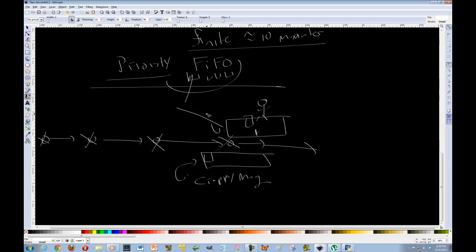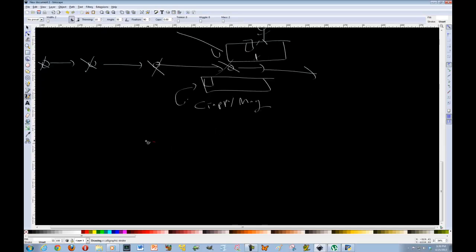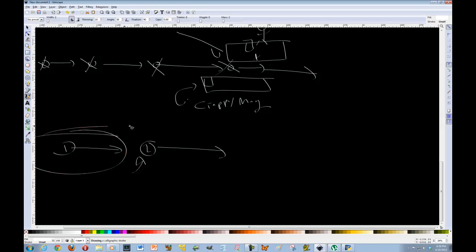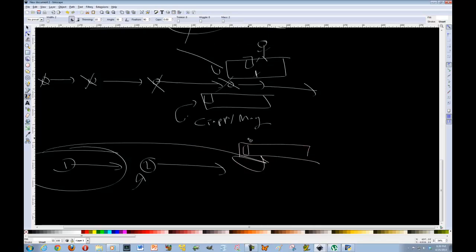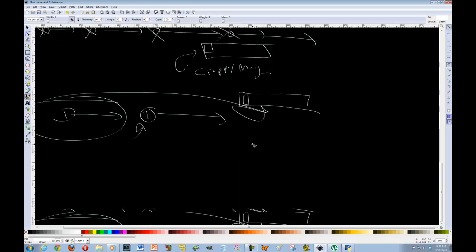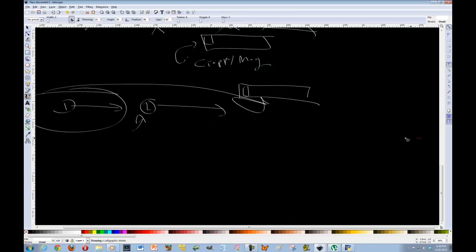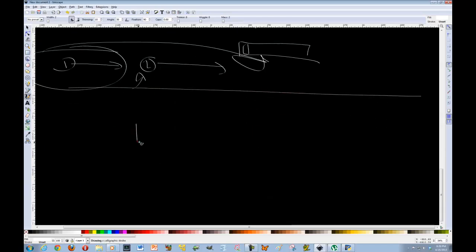How priority FIFO works is, what if we build a scheme where instead of it just first come, first serve, what we can do is say this person is more special than this person. So even though this person came first, we're going to service the needs of this person first. So exactly how a priority FIFO queue is implemented with Bitcoin is a little complicated, but the idea is that over time, the reward for building a block is lowered.